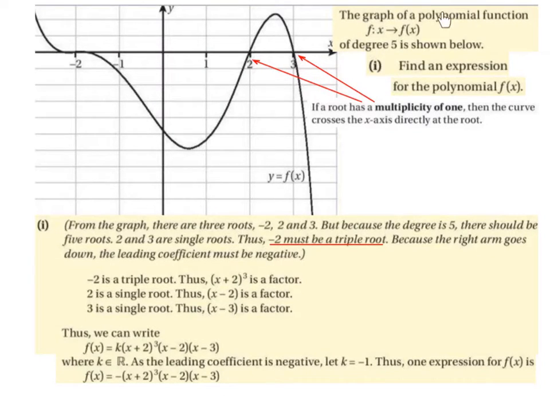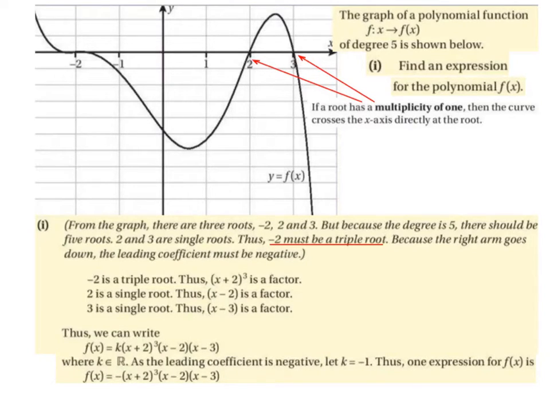So the graph of the polynomial function f of x, of degree 5, is shown below. So here's our function, called y equals f of x, and it is degree 5. And we are asked to find an expression for the polynomial f of x.